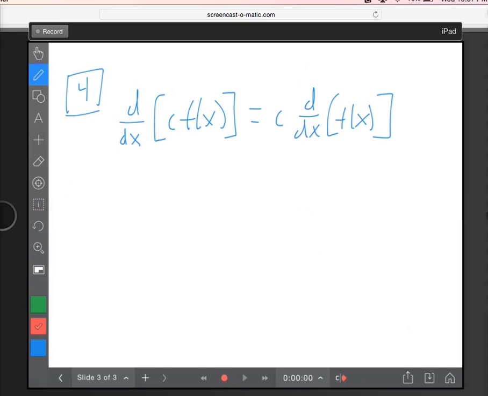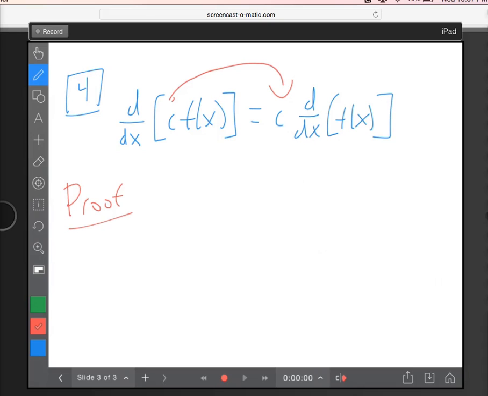For this, I'm going to quickly run through a proof to verify that this indeed will always be true. Basically, this constant over here, we can just drag that through to the derivative and then apply whatever rule we may have, which right now is the power rule.